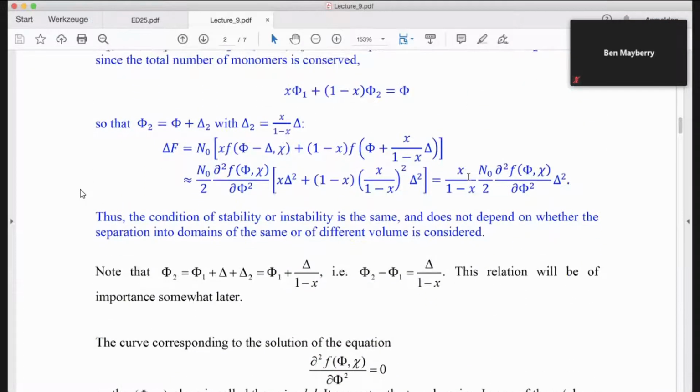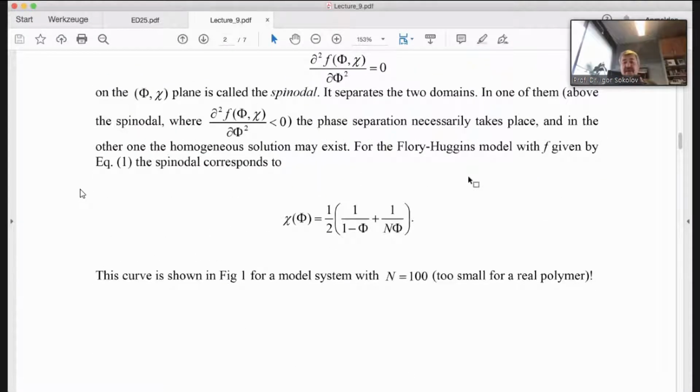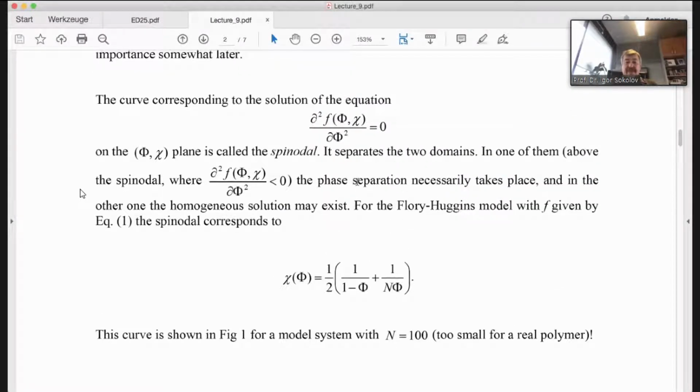So if I take the second derivative, essentially a very simple expression stays. And I put it as an expression for chi of phi. I have here a parameter. I calculate the second derivative, and then I express chi via phi.